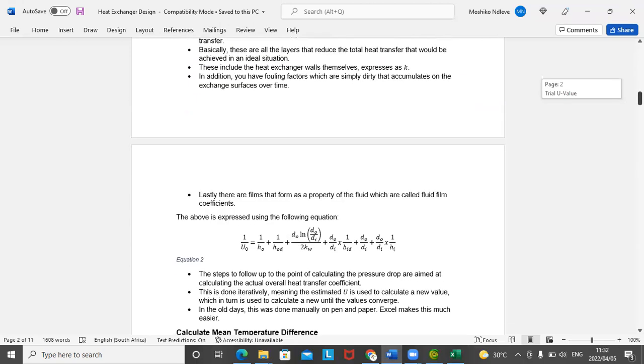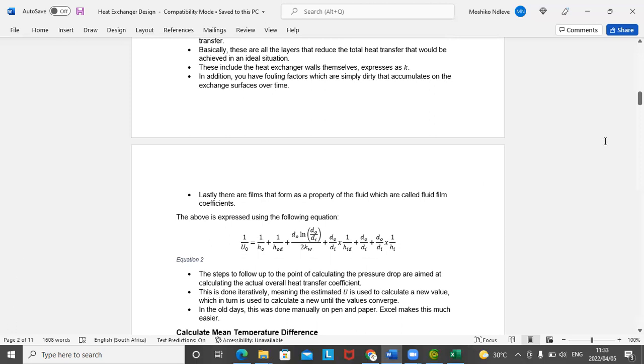And then lastly, you look at the properties of the fluid itself, where a fluid will create a film if it's moving against a certain surface, and that film will also create a heat transfer barrier. So this is the equation that we are trying to get as the first step to designing our heat exchanger.